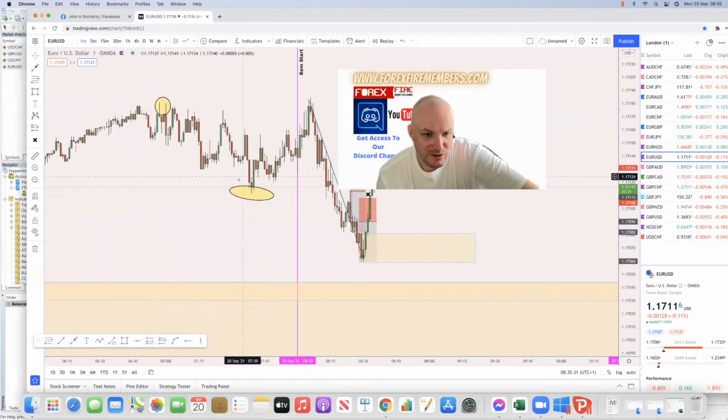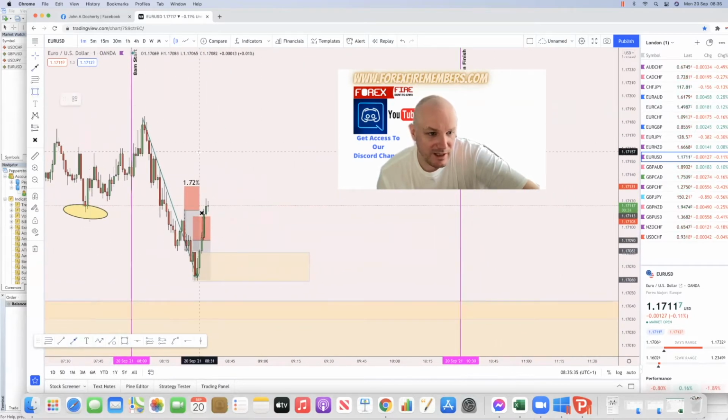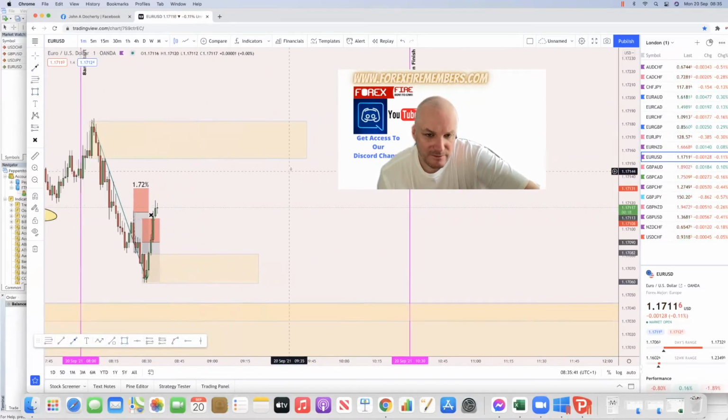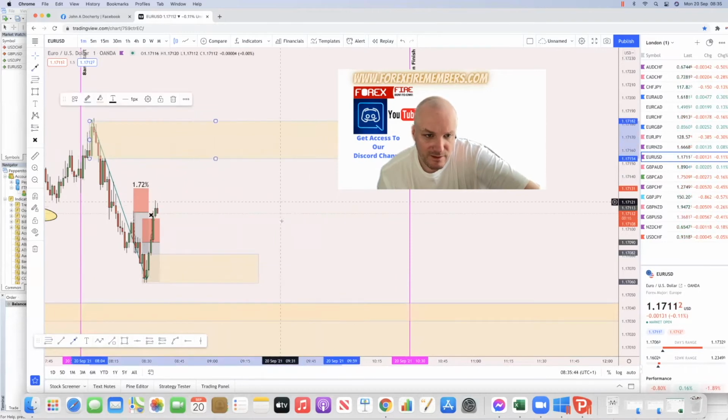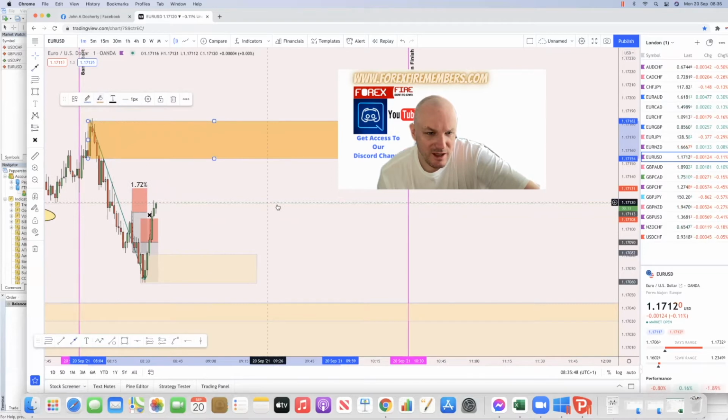Okay, so this here in itself quite easily could be just heading, because we broke the structure, we could be quite easily heading up into that area there. And I'm going to mark this just as a different color out of interest.